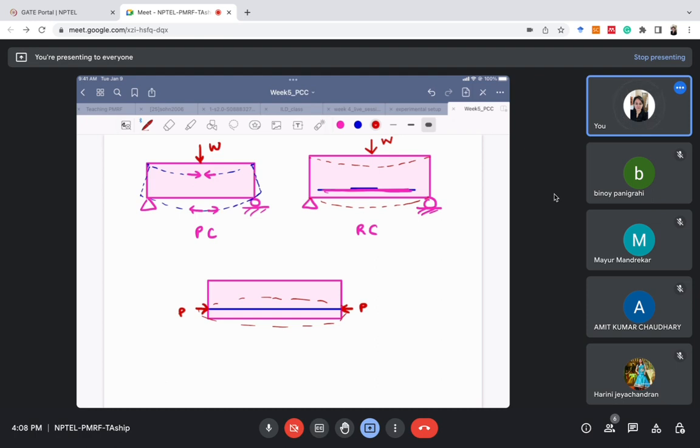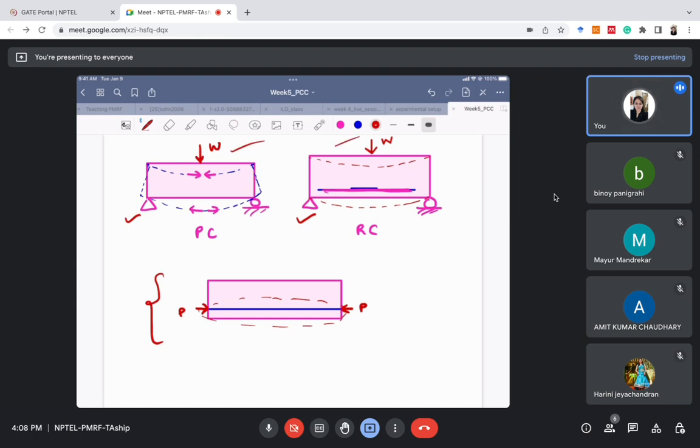But now we are intentionally providing a compressive force in the bottom part of the beam. Because of this, the beam will be able to take much more load than the plain concrete beam and the reinforced concrete beam, because it will fail a lot later than these two beams.